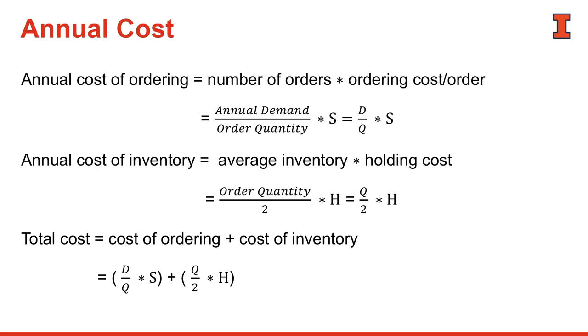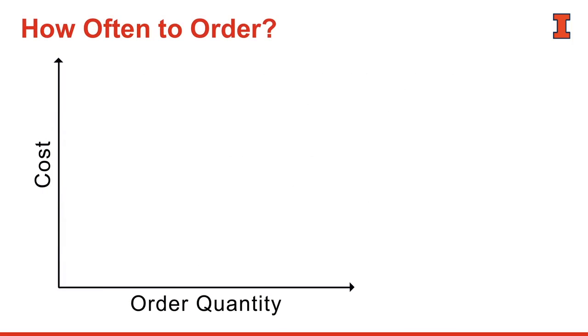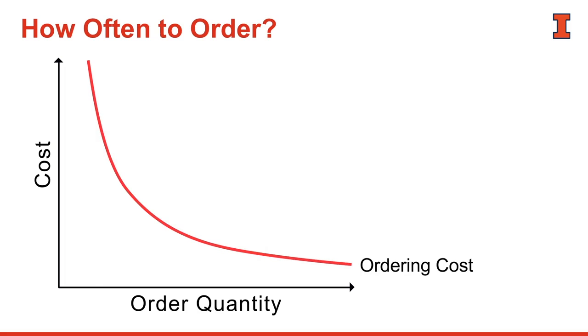Now, as you can notice, both those costs depend on the quantity that I'm ordering, Q. So what happens as Q increases? If I look at the cost of ordering, shown by the red graph, it keeps dropping rapidly as the order quantity increases. It's a hyperbolic graph and it asymptotically goes to 0 as the order quantity goes to infinity.